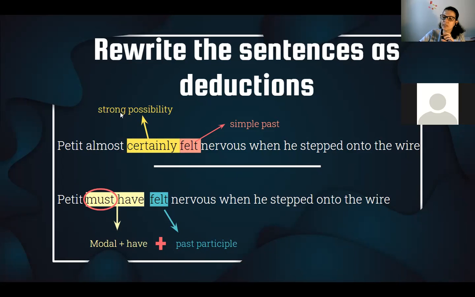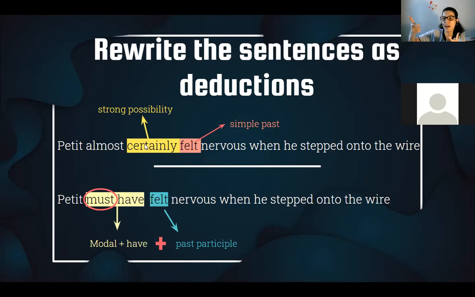We have here a strong possibility. It's certain he felt nervous. When you are certain, you use the word must. So you will say this first sentence, but using the words must or could or might or may, okay? This is the example.